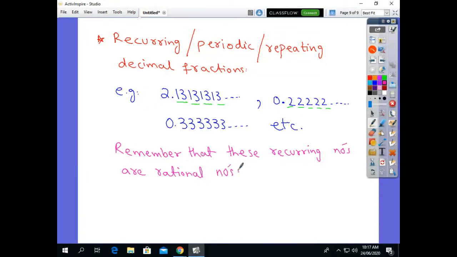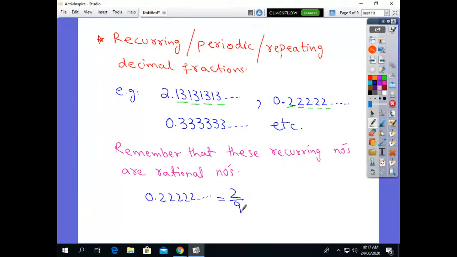Why do we call these numbers rational? Because we can write them in division form, that is P over Q form. For example, 2.2222 and so on can be written as 2 divided by 9, which is P by Q form.